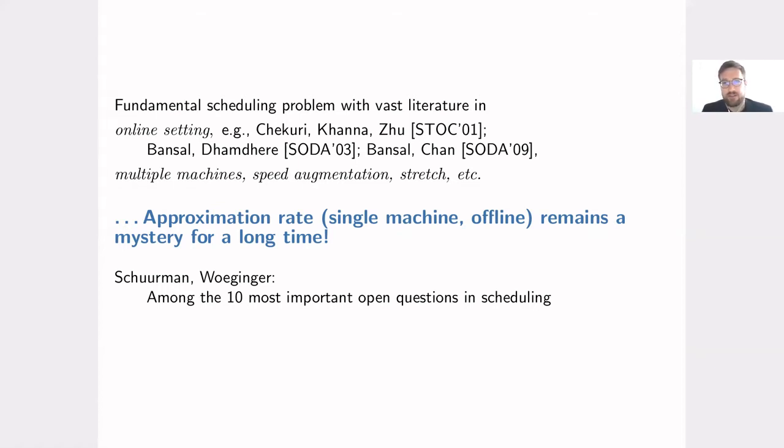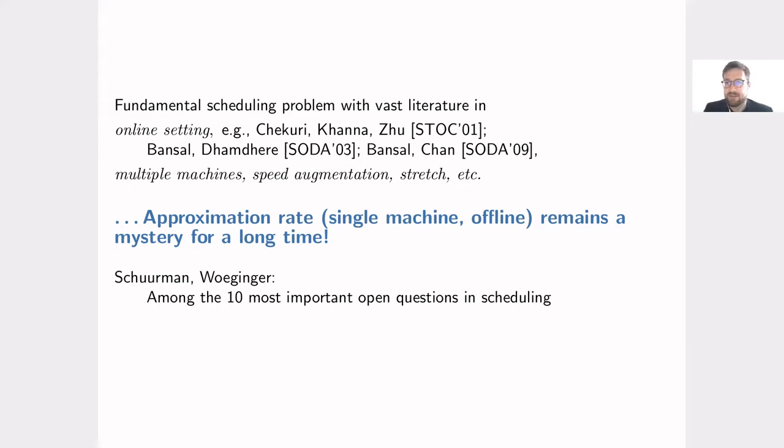Other variants that were studied include the setting with multiple machines, settings where we allow speed augmentation, or where the weights have certain restricted forms. But even the very basic question of what is the best approximation ratio that you can get in the single machine offline case has remained largely unresolved for a very long time.